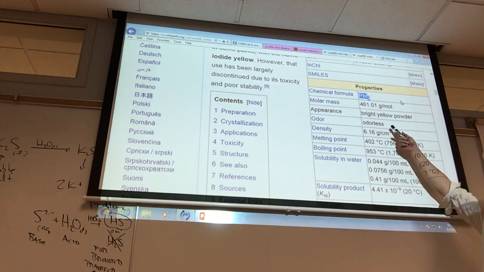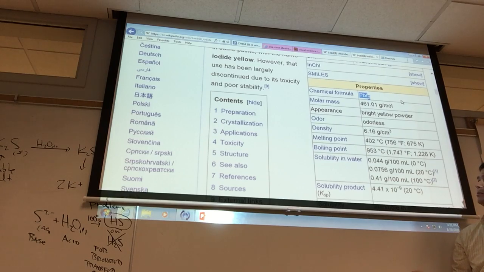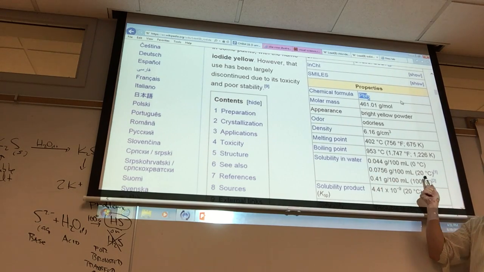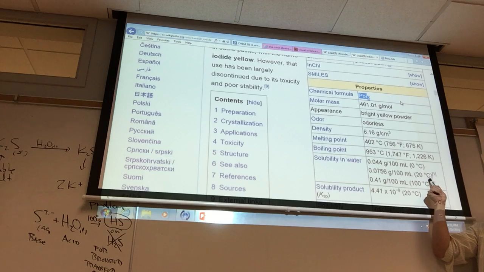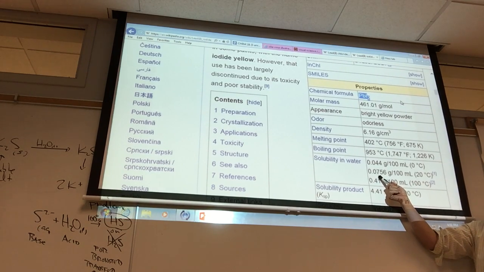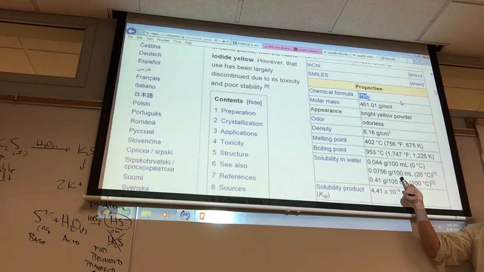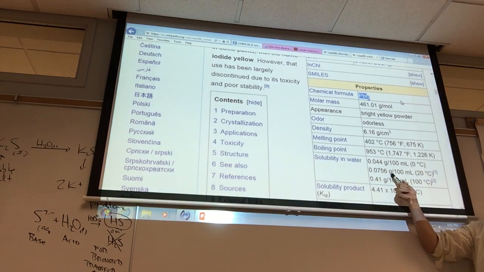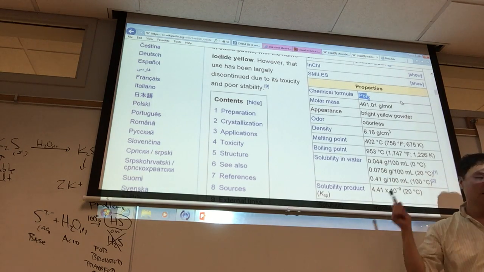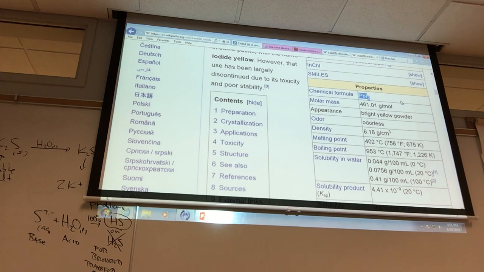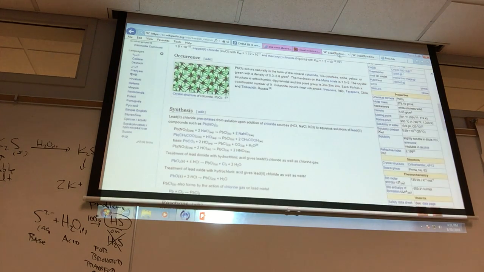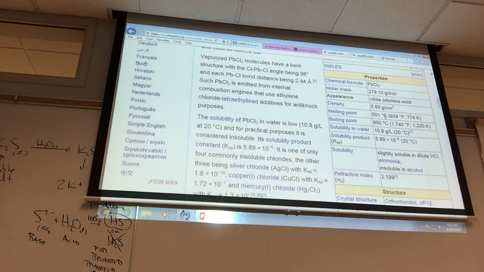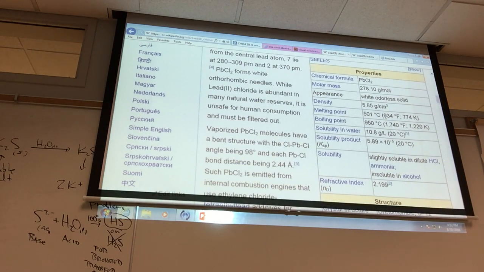We know PbI2 is insoluble, but how insoluble is it? People have done quantitative measurements. For example, at 20 degrees C, you could dissolve 0.0756 grams in 100 milliliters of water. That's not much. In other words, you can dissolve 75.6 milligrams in 100 milliliters of water. That's PbI2. We go to PbCl2.